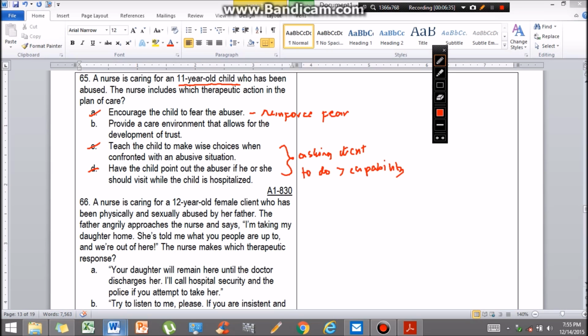Teaching the child to make wise decisions? Remember, your client is just 11 years old, and have the child point out the abuser if he or she should visit while the child is hospitalized. Again, that is too stressful for this client. Best answer, Boston. Provide a care environment that allows for the development of trust is the answer in this question.